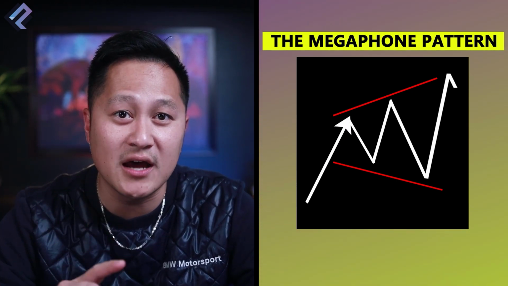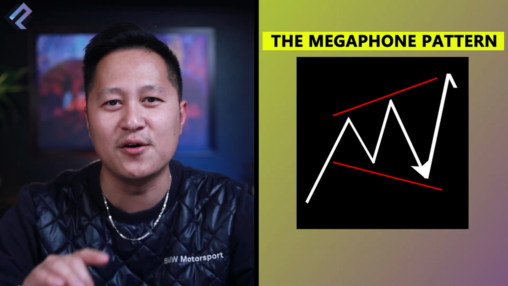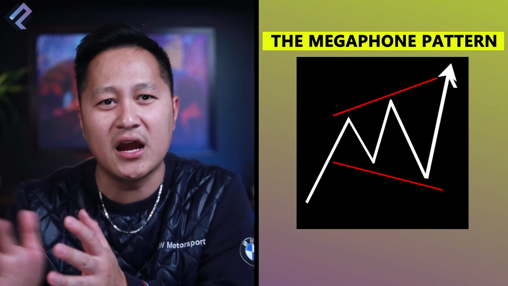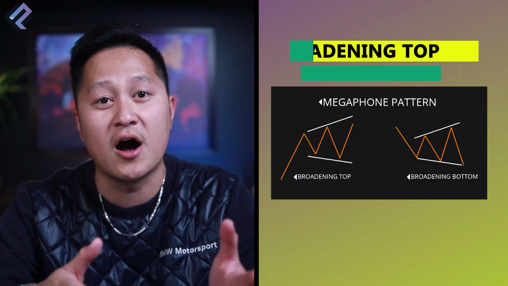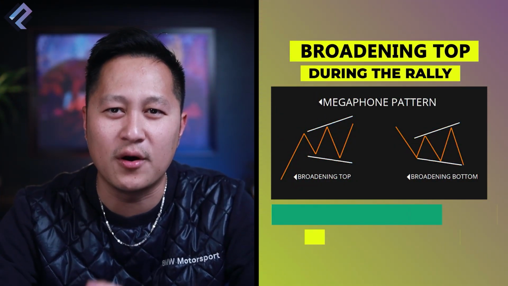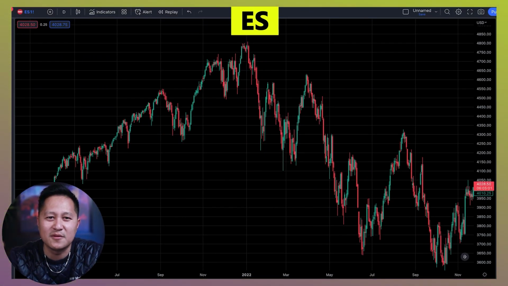The market runs up, comes down, makes a higher high, but then a lower low, followed by a higher high. You can divide this pattern into two categories: a broadening top during the rally or a broadening bottom during the drop. Take a look at some examples from these charts, starting with the ES daily right before 2022.